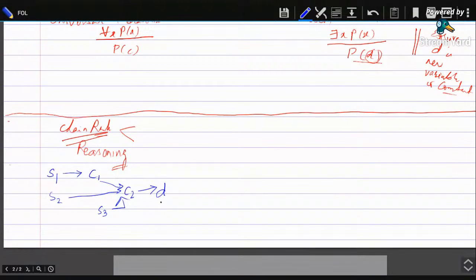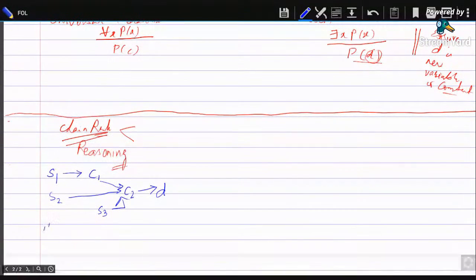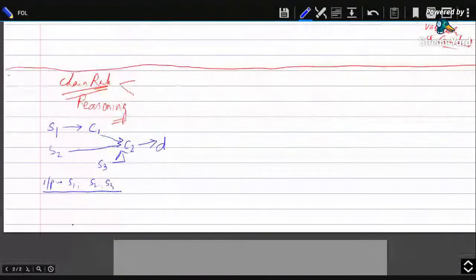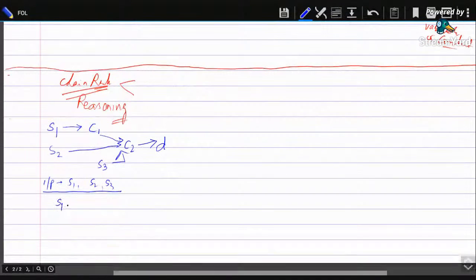Now, what is happening is you are giving him three things as input: S1 symptom, S2 symptom, S3 symptom, and on the way, he is using some knowledge he has. One knowledge he has is, if symptom 1 is there, then he can conclude conclusion 1.